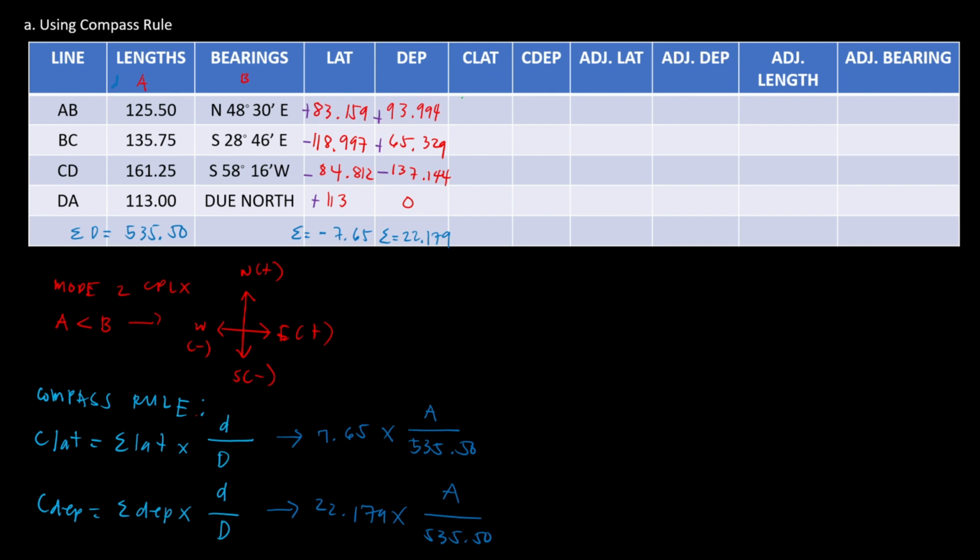Let's compute the correction in latitude. For line AB it is 1.793, next is 1.939, and next is 2.304.